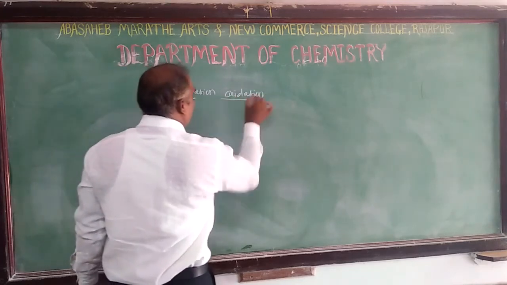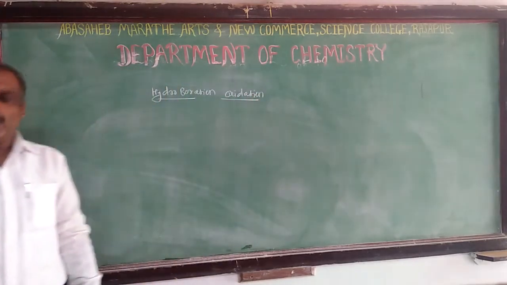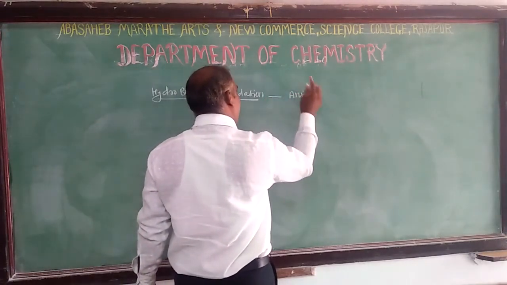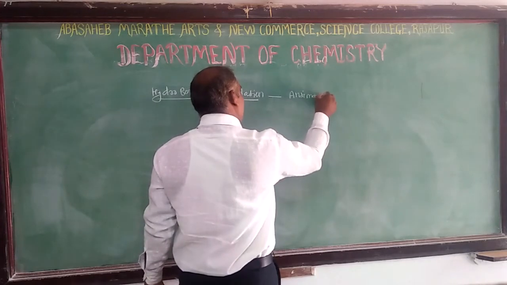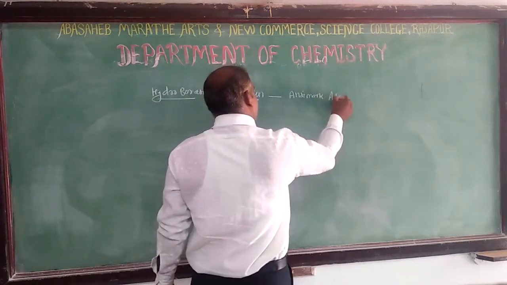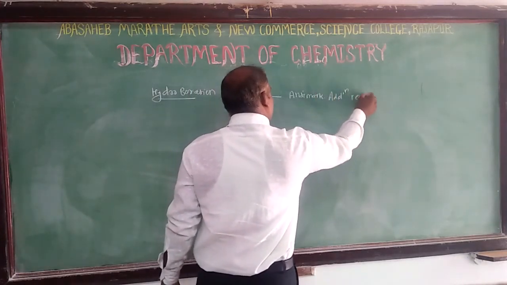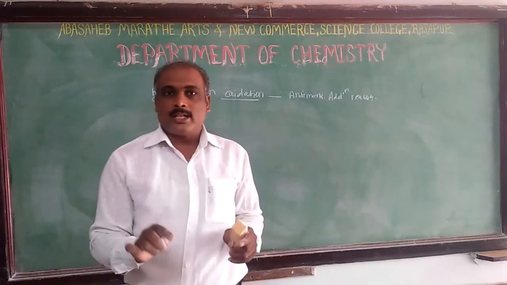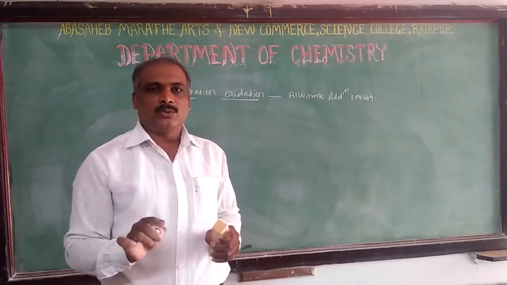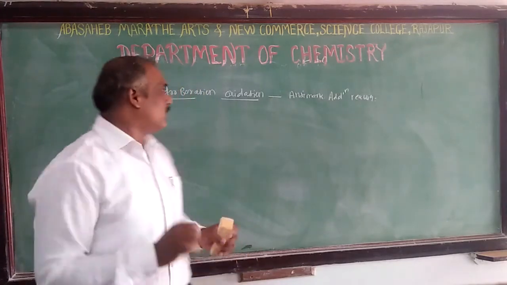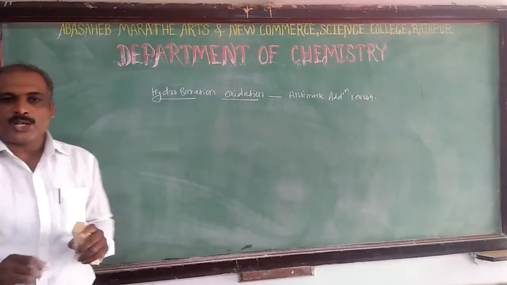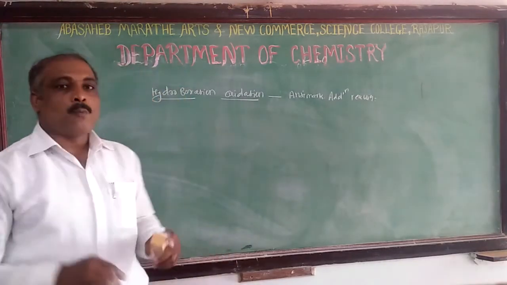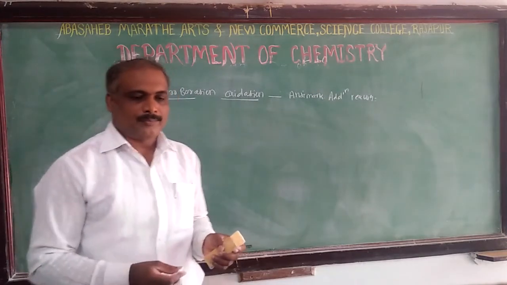It is an anti-Markovnikov addition reaction. According to Markovnikov's addition, the negative part is attached to the carbon with fewer hydrogen atoms. But in anti-Markovnikov addition reaction, the negative part is attached to the carbon with more hydrogen atoms.